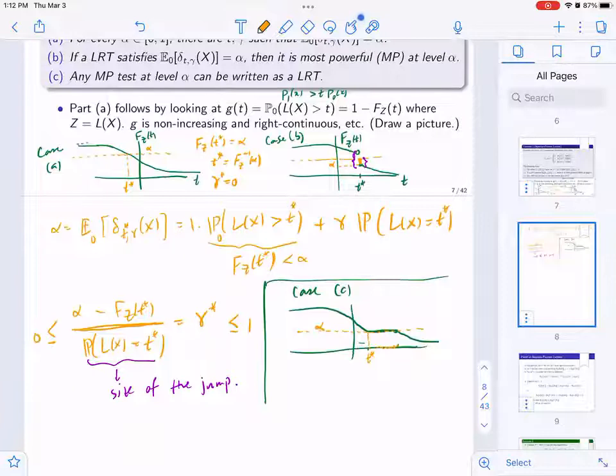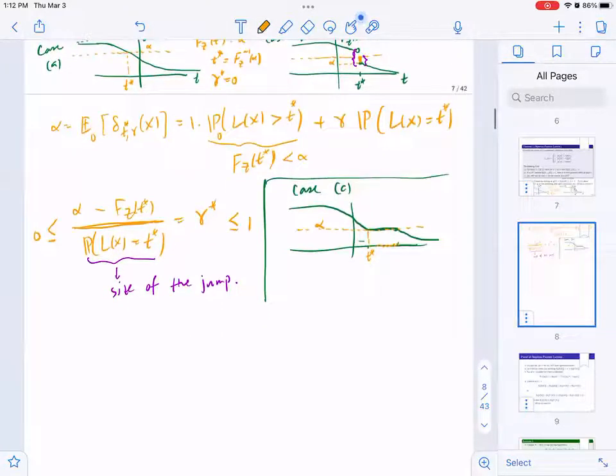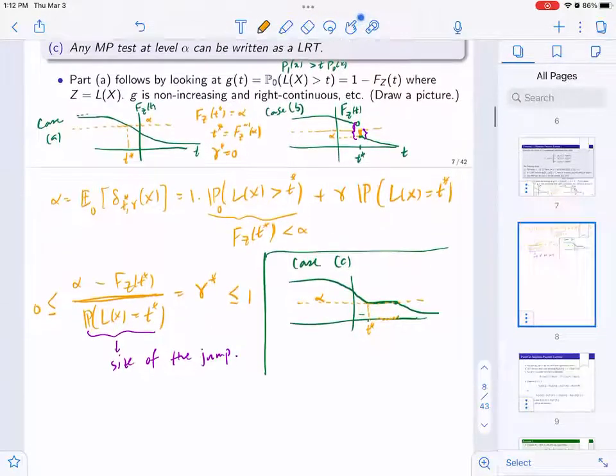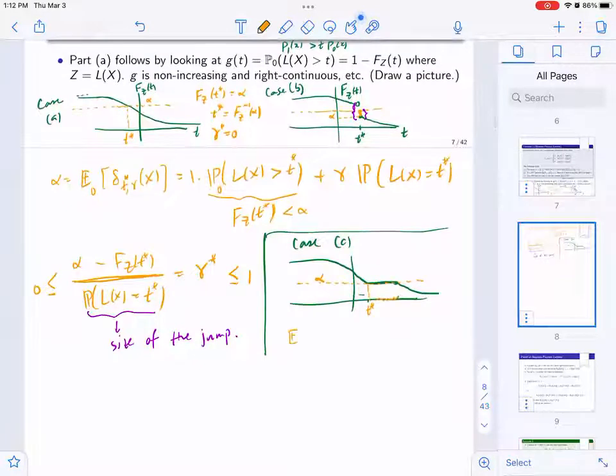How should we use it? The expectation under the null of delta of x is equal to alpha. Then the expectation of, or I guess that's not all the time.